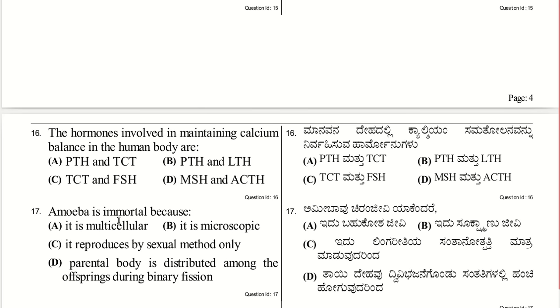Next, amoeba is immortal because the parental body is distributed among the offspring during binary fission. So that is the reason it is immortal.